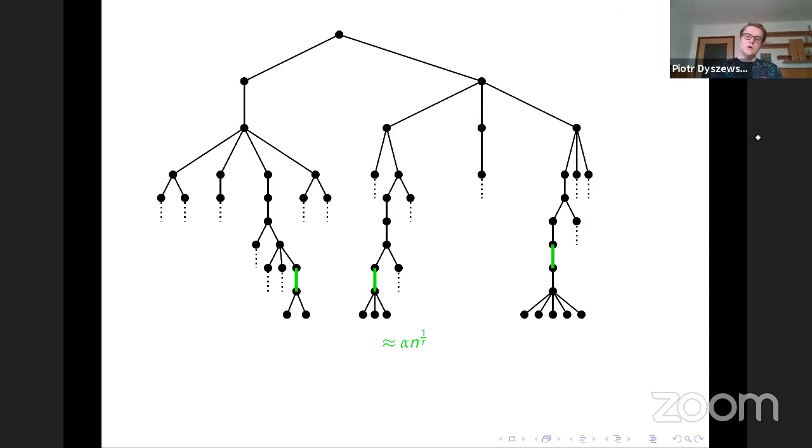Then you color the edges which are below in red, and then you look at the path that goes from the green edge to the root, and you have an orange segment and a blue segment.